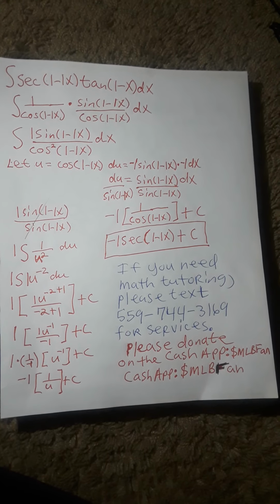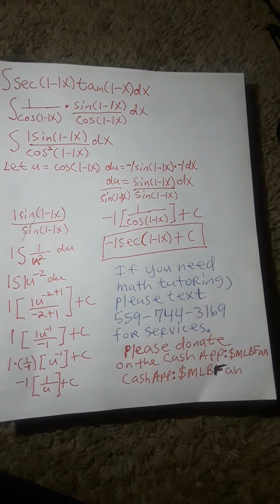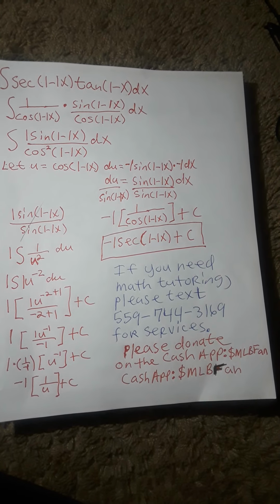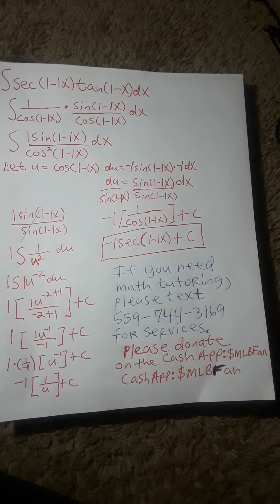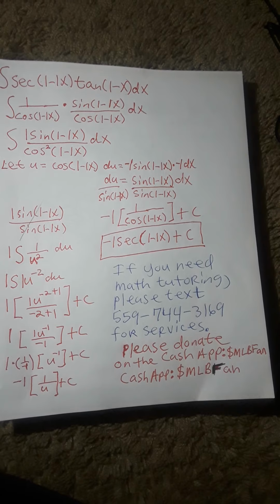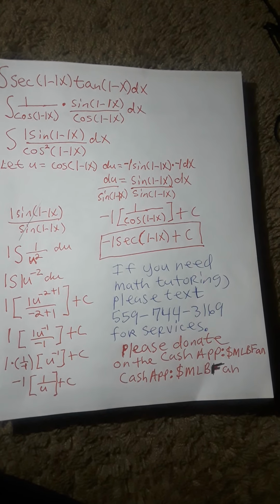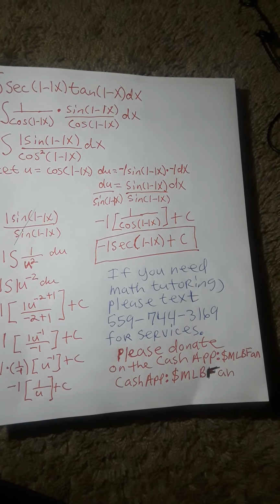So that is going to simplify to 1 times 1 u to the negative 1 divided by negative 1 plus c. So then we factor out 1 divided by negative 1. And so we're going to get 1 times 1 divided by negative 1, u to the negative 1 plus c.